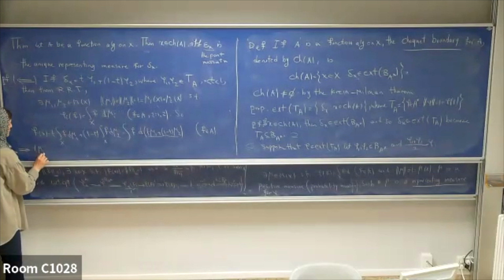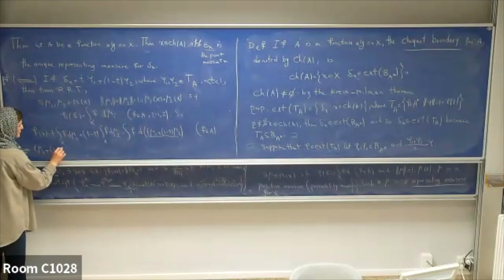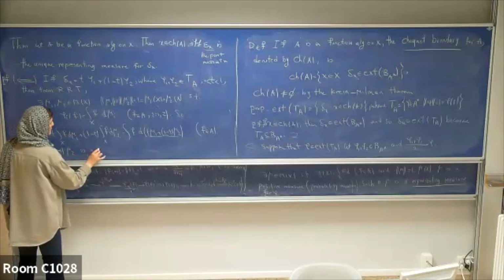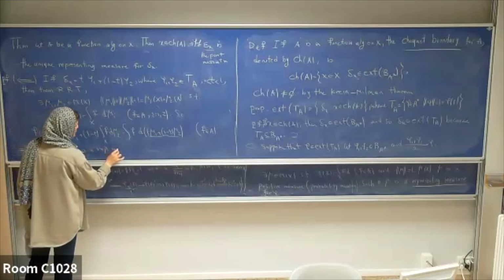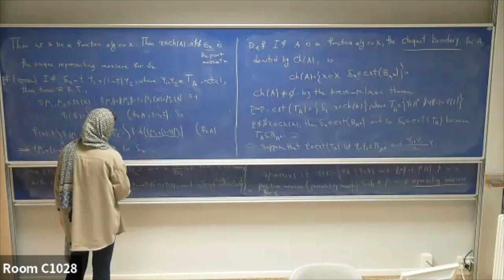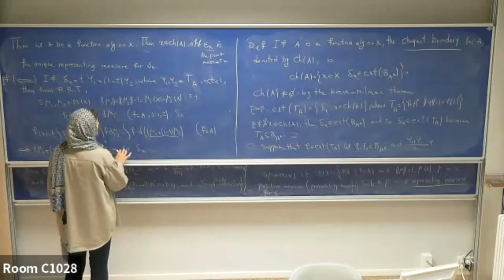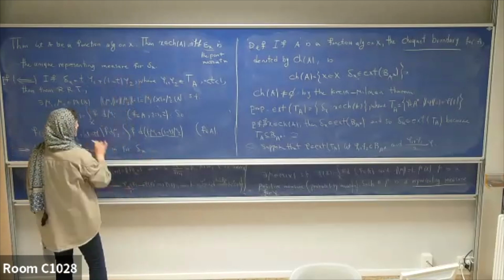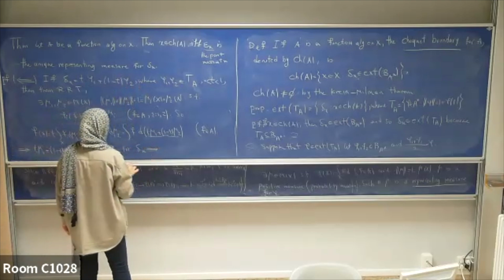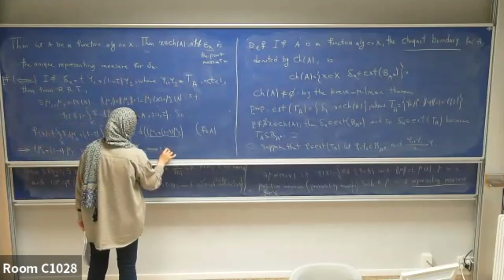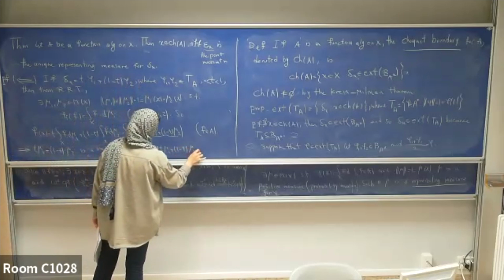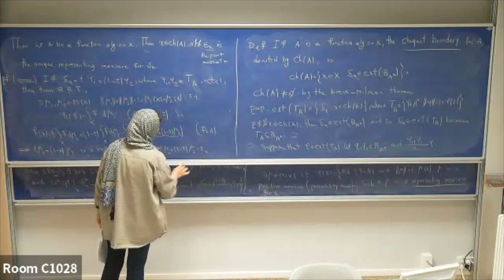See, t mu1 plus (1 minus t) mu2 is a representing measure for delta x. But the only representative measure is the Dirac measure. So t mu1 plus (1 minus t) mu2 is a Dirac measure.